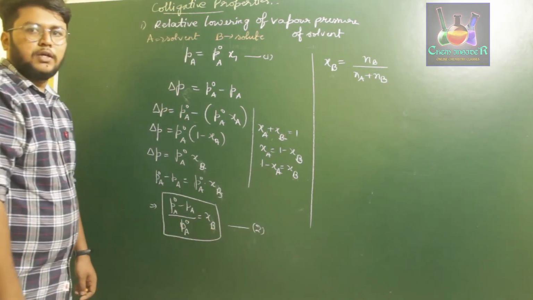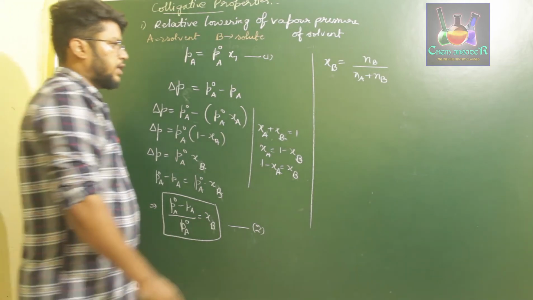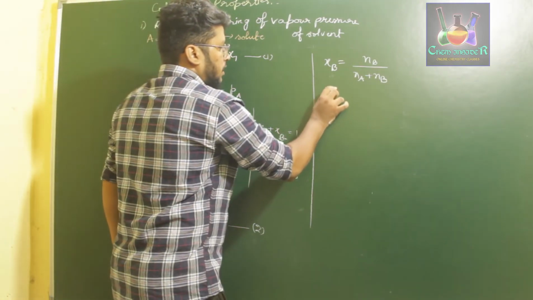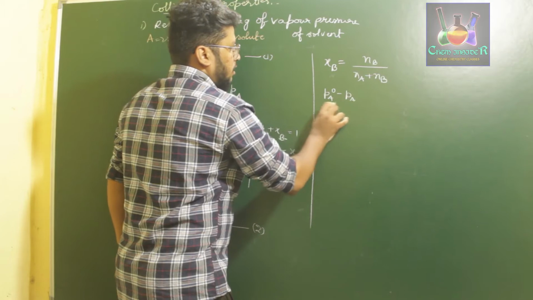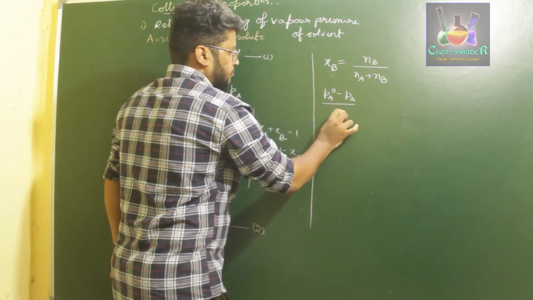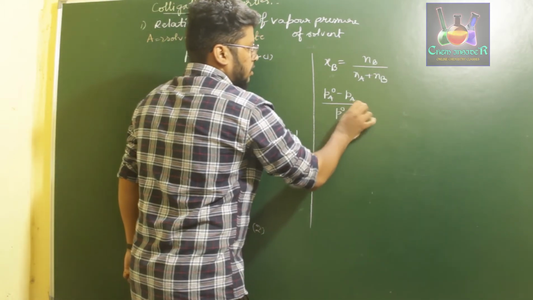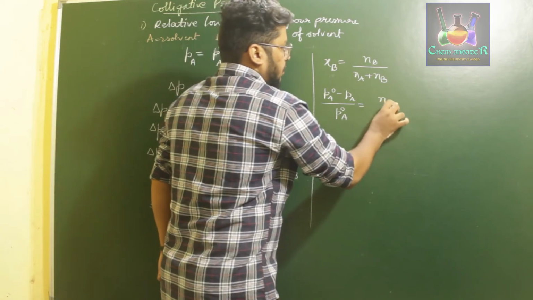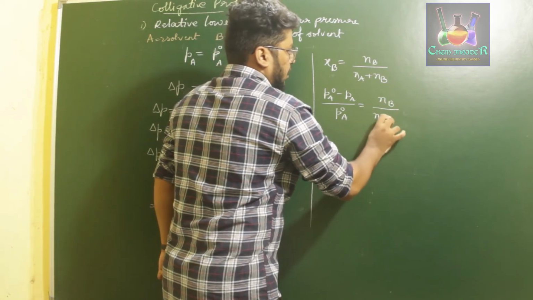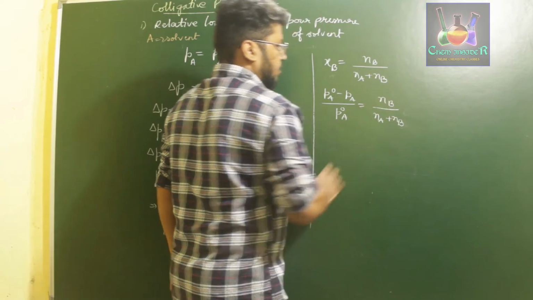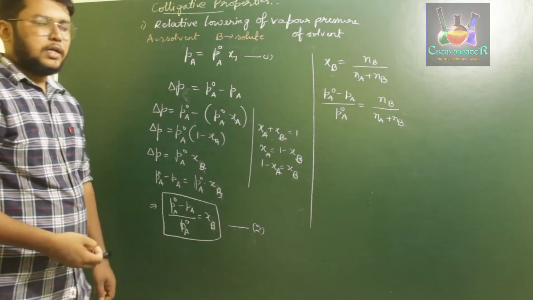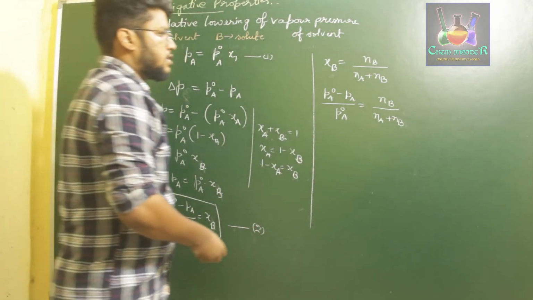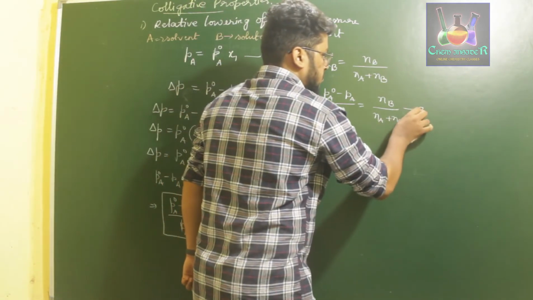Substituting the XB value in equation 2, we get PA naught minus PA divided by PA naught is equal to NB divided by NA plus NB. Let us say this is equation 3.